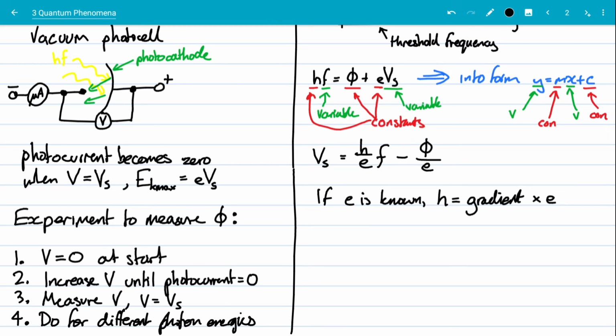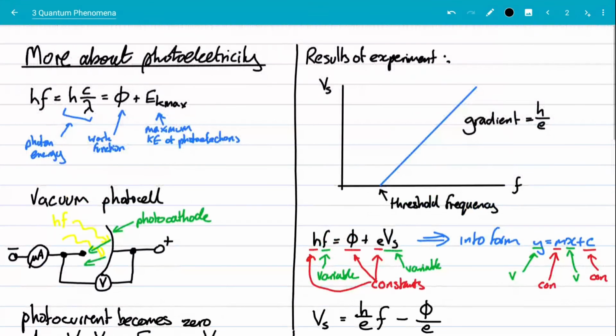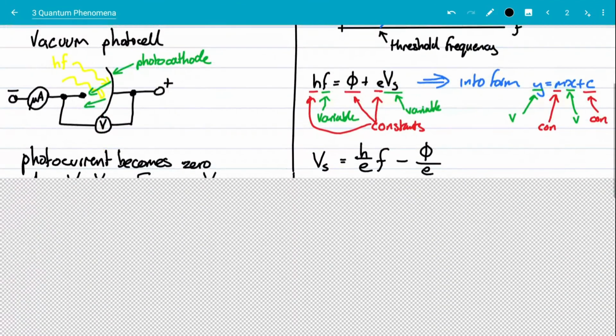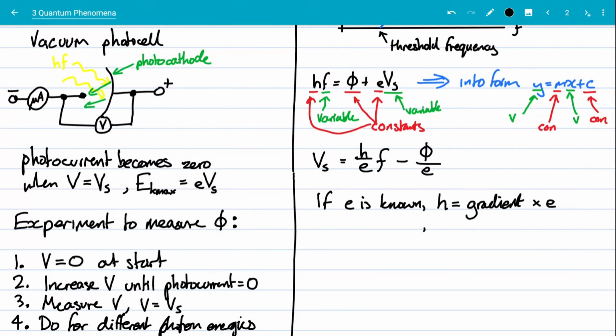Also, because we know e, we can also calculate what phi is. But we'll have to use a value of Vs and a value of f to calculate what the y-intercept is, because we can't measure it from the graph directly. Well, that's okay. We could extrapolate back, or we could use a known value of V and f.